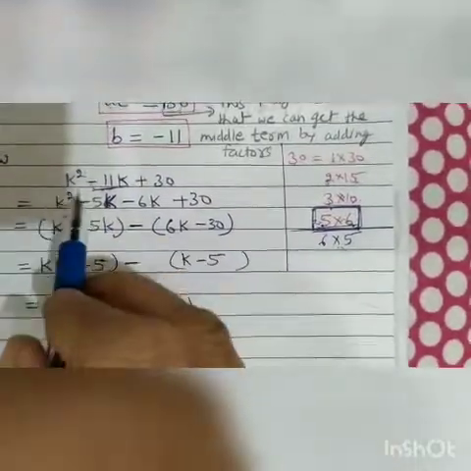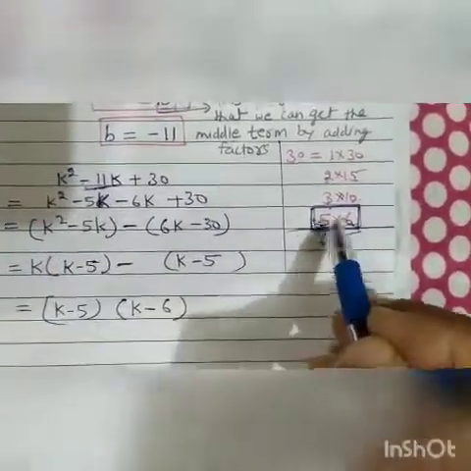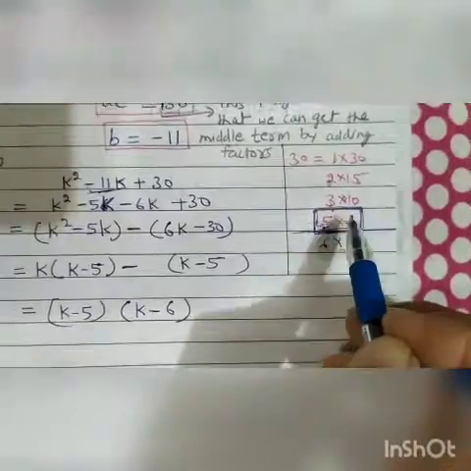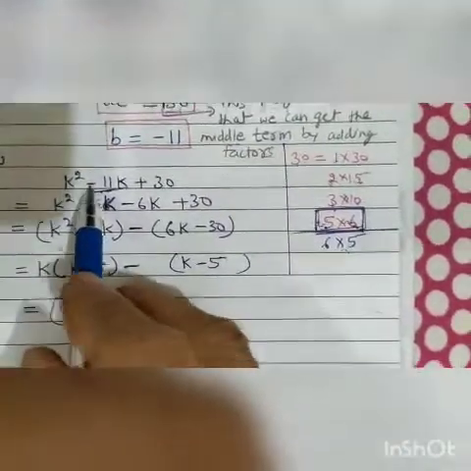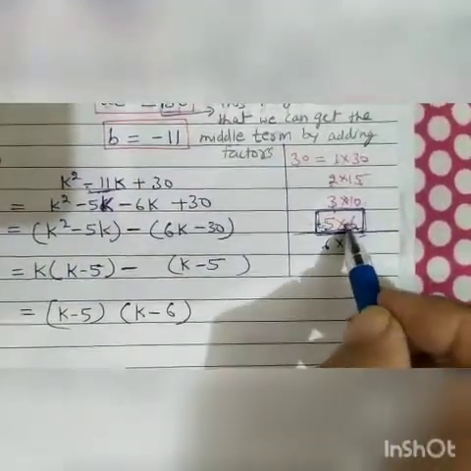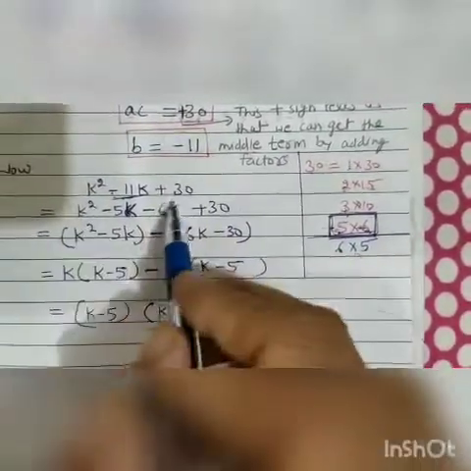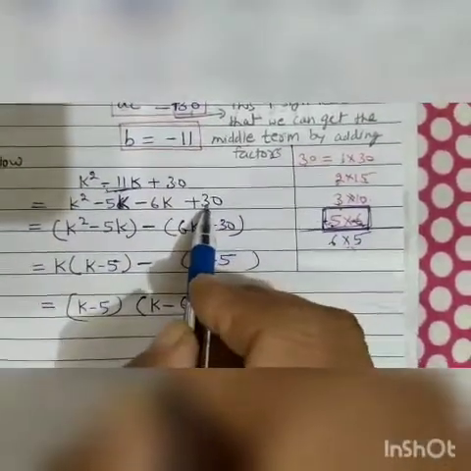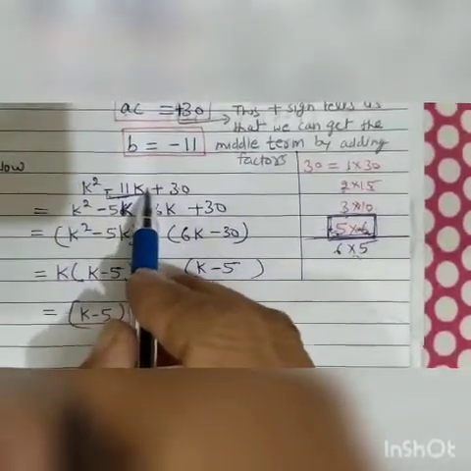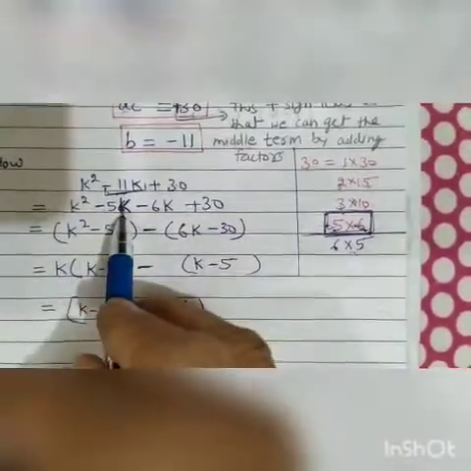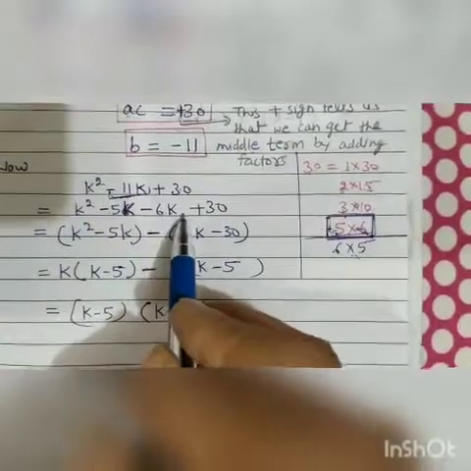If there is plus, then we will put plus in both the factors. Here middle term sign is minus, so we will write in both the factors minus sign. So k square and plus 30 will be written as it is. In place of minus 11k, we will write minus 5k and minus 6k.